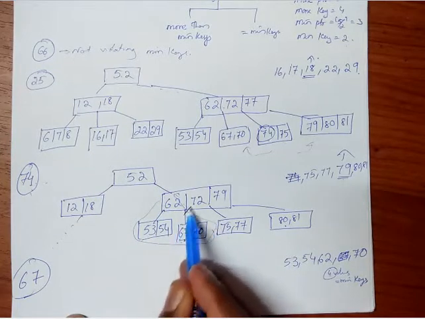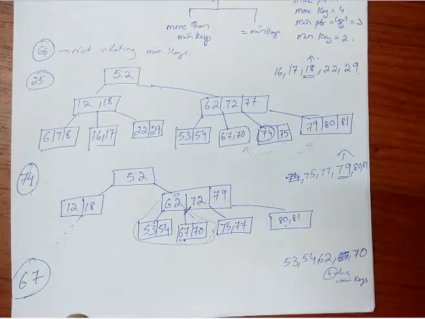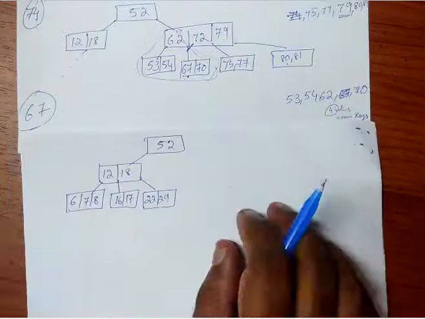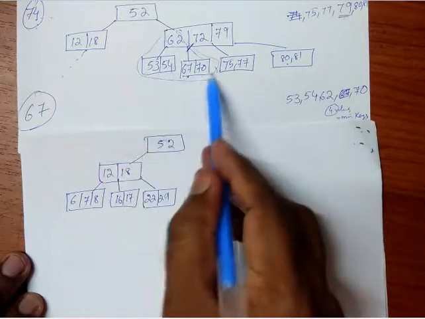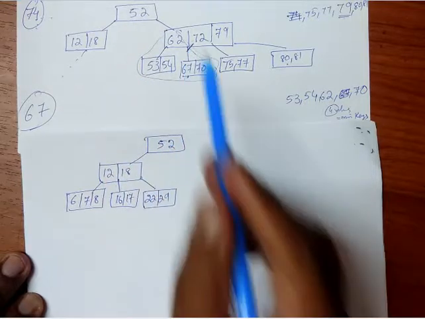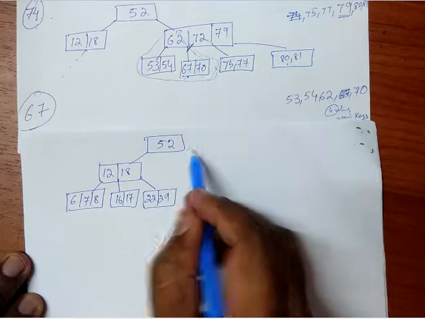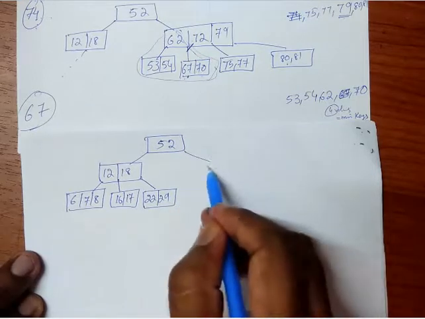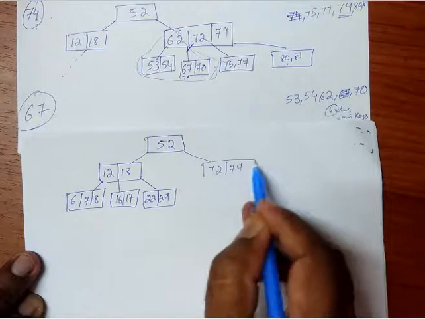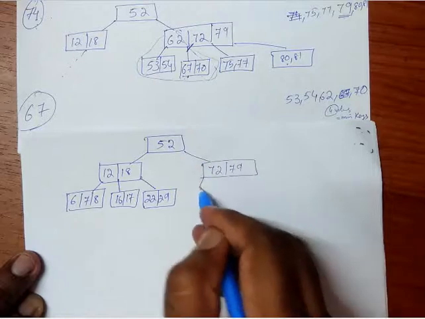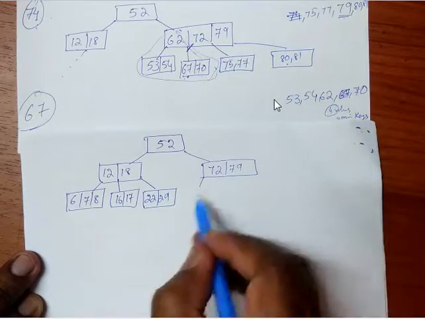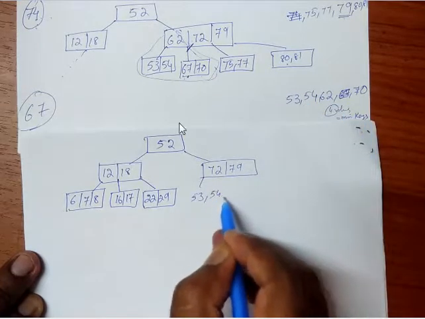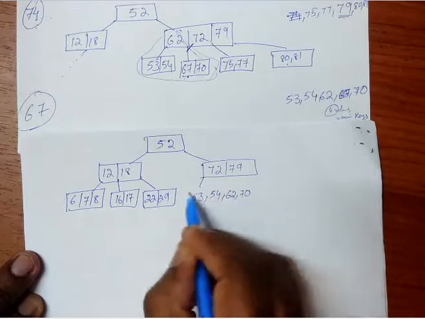We can combine the keys and make a left pointer from 72 and connect it to that node. When we combine the nodes, if the count is less than or equal to the maximum possible keys, then we do not need to split the nodes and move the middle value. We only need to merge with the parent, left sibling and right sibling and make a single node. So here we combined the values and pointed to the left of 72.